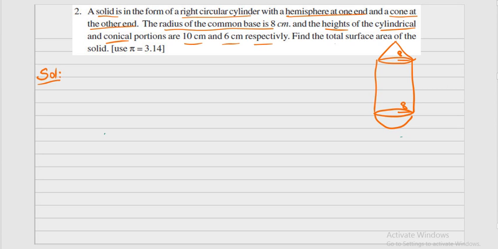If he is mentioning respectively, we need to follow the same order. First he has talked about the cylinder, so the cylinder height is 10 centimeters and then the height of the cone is 6 centimeters, right? Next we are asked to find the total surface area of the solid. Here also he mentioned use pi equal to 3.14, right?